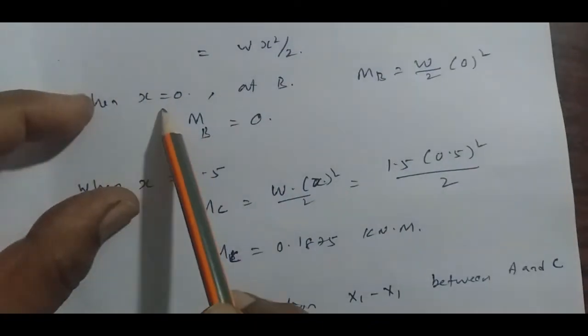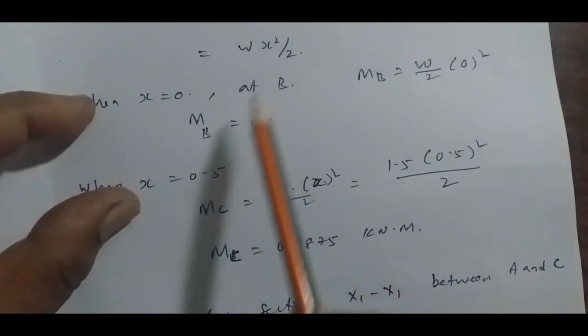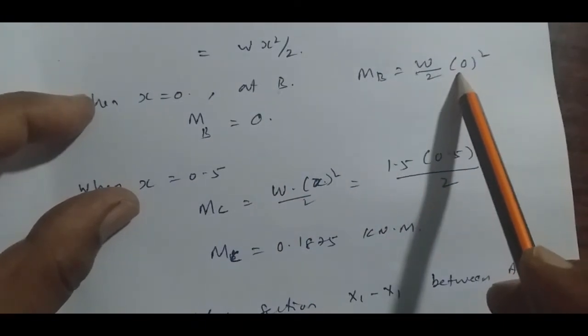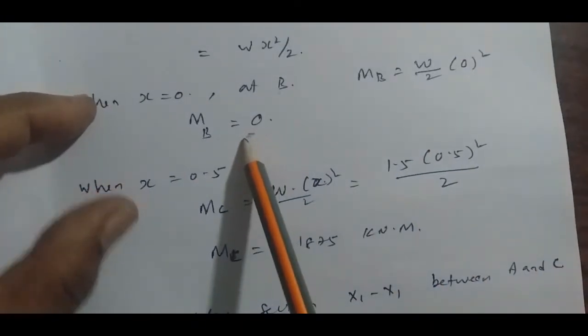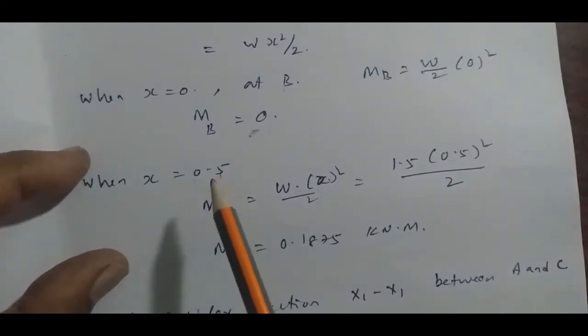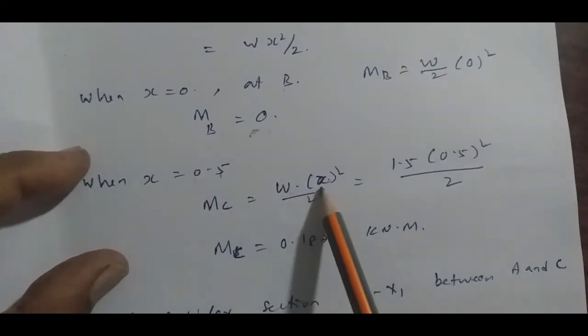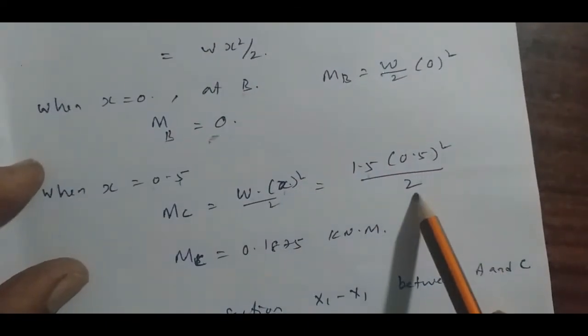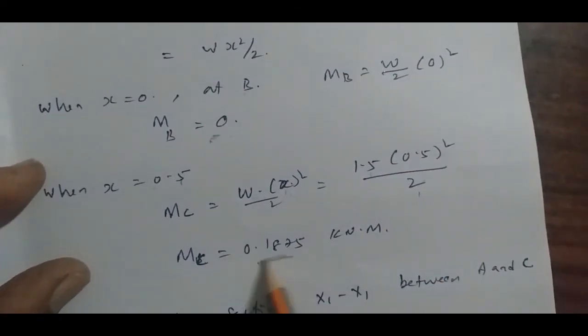When x is equal to 0, that is at B, what is the value of bending moment? Substituting x is equal to 0, the bending moment will also be 0. Considering x is equal to 0.5, 1.5 into 0.5 square by 2 is 0.1875.